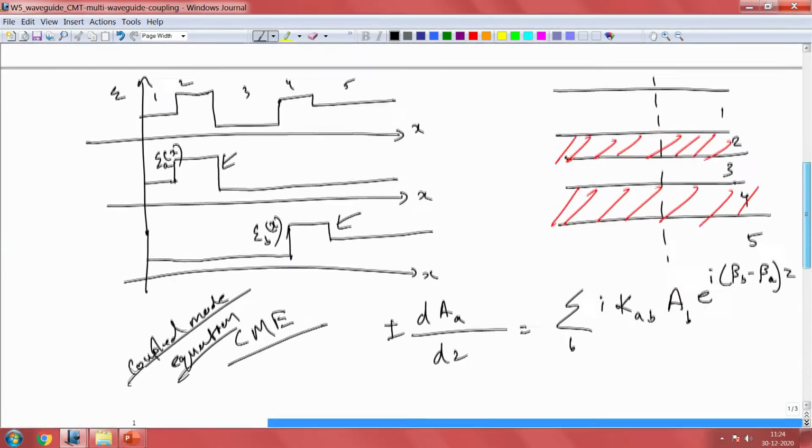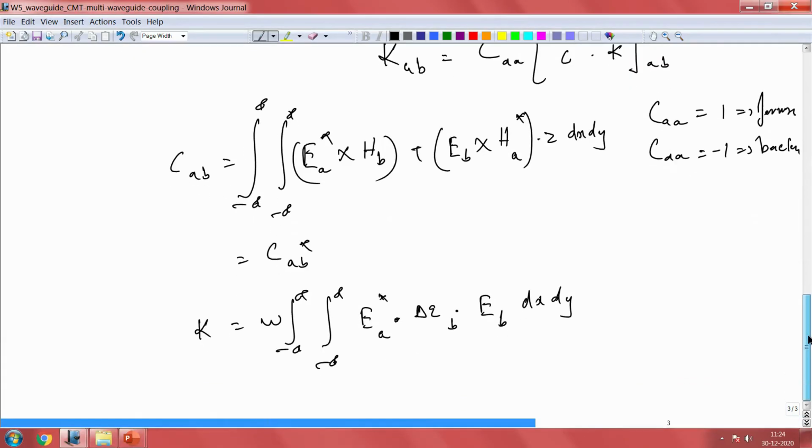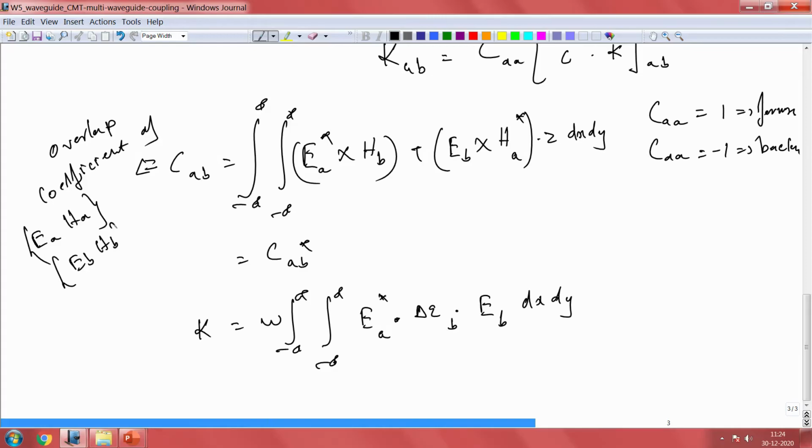We are finding the overlap of these fields, the overlap coefficient of E_A H_A and E_B H_B of these individual waveguides.